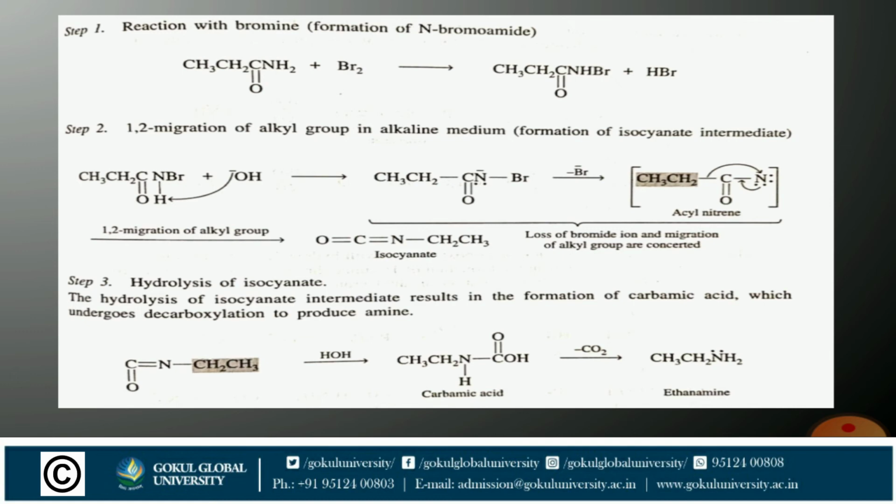Go for the next step, and that is the 1,2 migration of the alkyl group in alkaline or basic medium, formation of isocyanate intermediate. Here OH minus will abstract H plus from the N-bromoamide group, and that's why the nitrogen becomes negatively charged, having a lone pair of electrons.